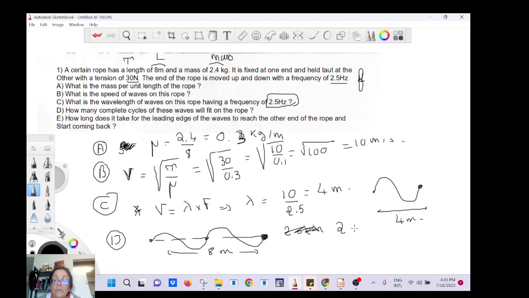Okay, so that's going to be 8 meters. So 1, 2, 3, 4. So that means the fourth harmonics. So that will be the fourth harmonics or the third overtone.